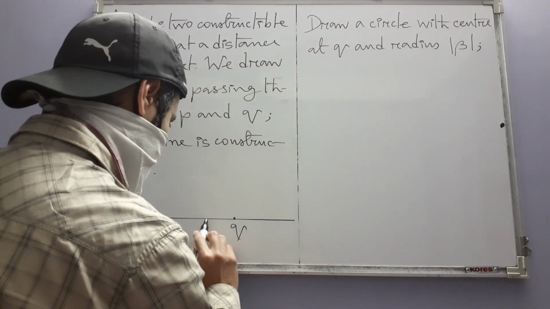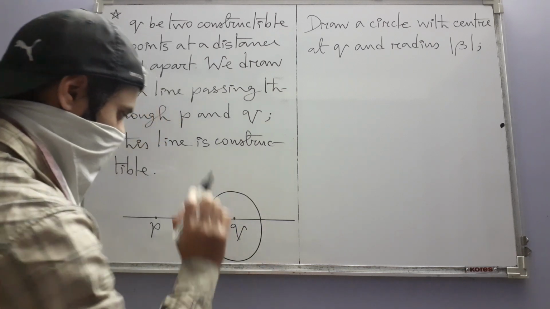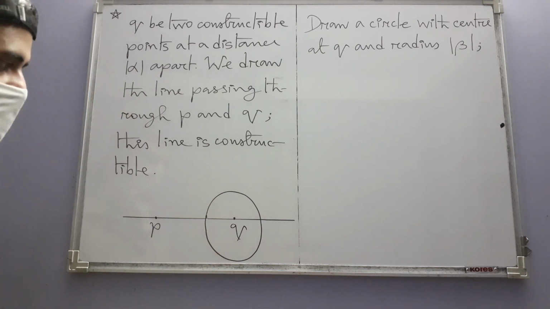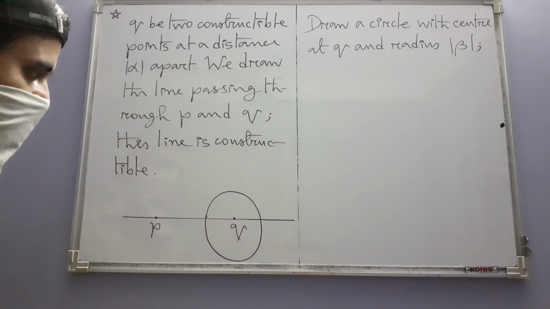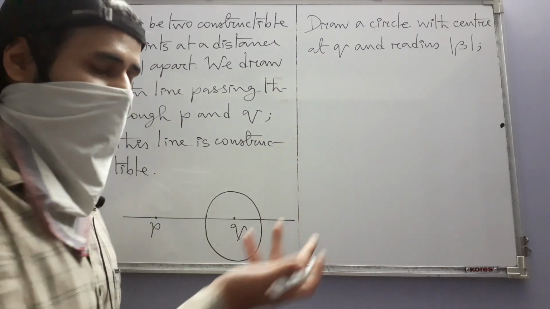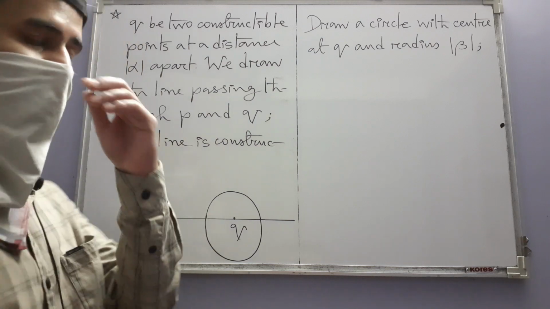That circle will look something like this. Okay, but the question is, how are we allowed to do this? Yes, we are allowed to do this, but why?